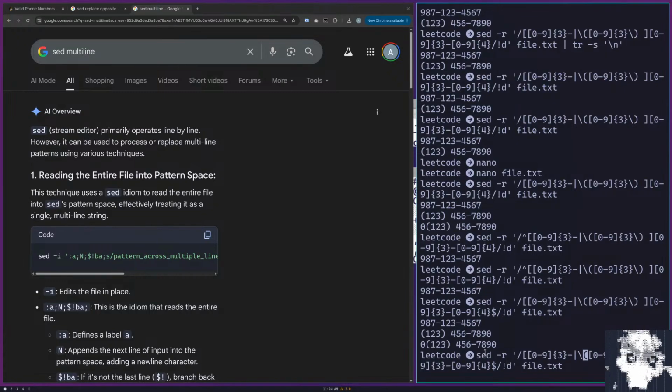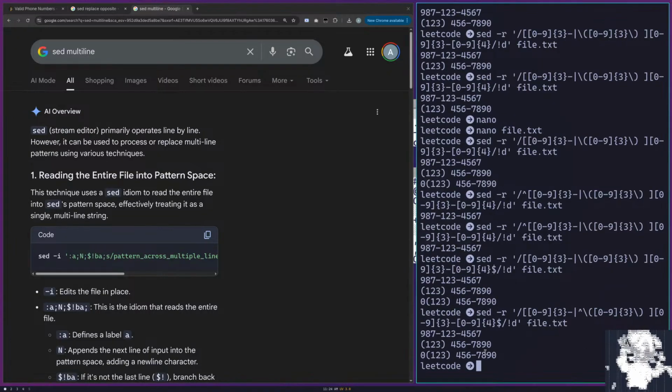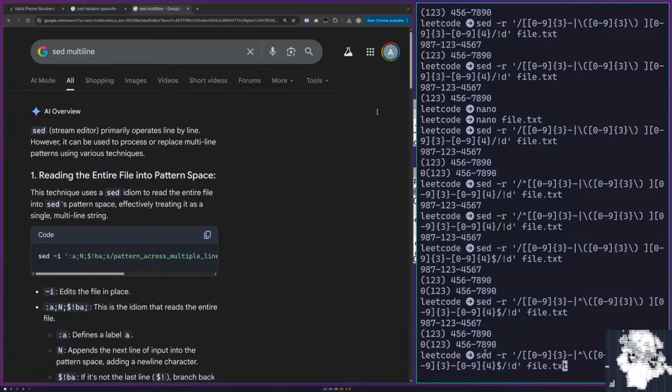What if I put the caret right here? That just did nothing.